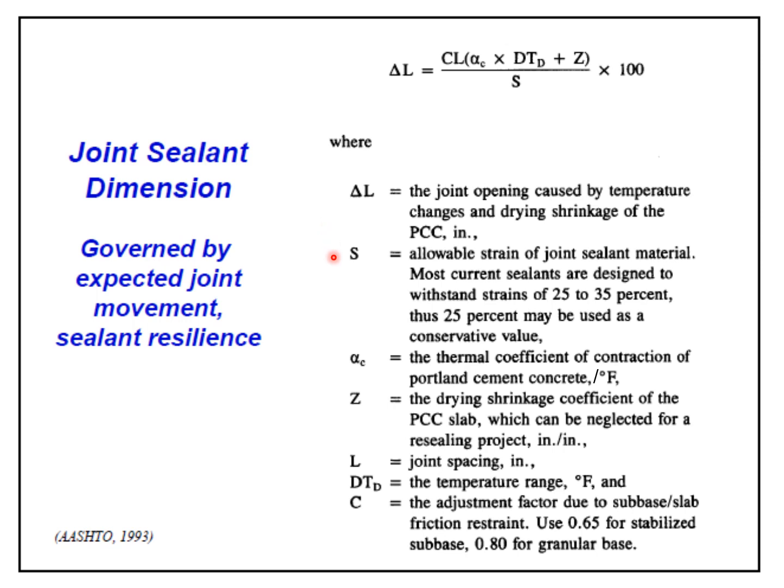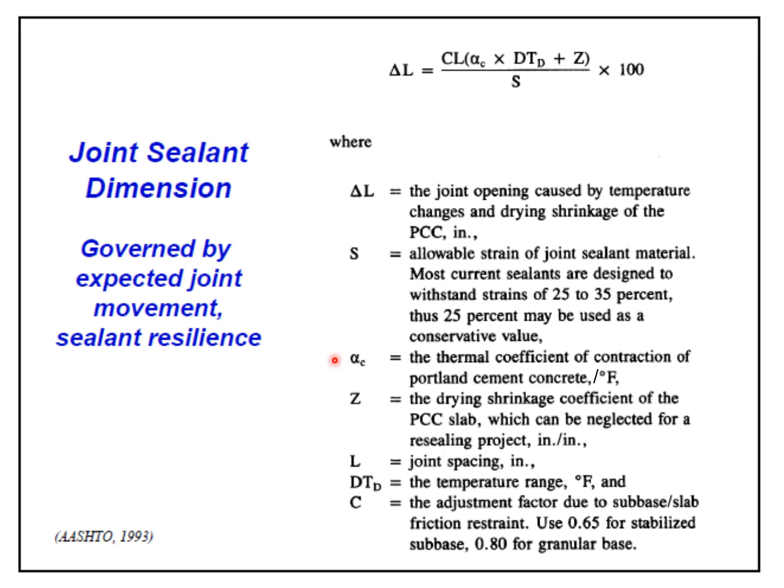Here in the formula, S is the allowable strain of joint sealant material. Most current sealants are designed to withstand strains of 25 to 35%. Thus 25% may be used as a conservative value.